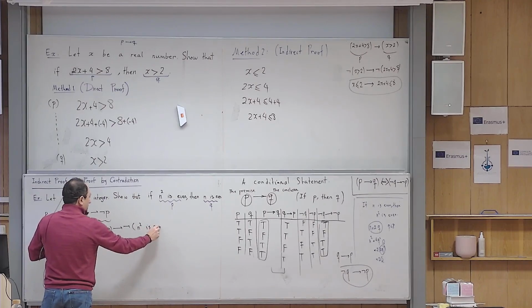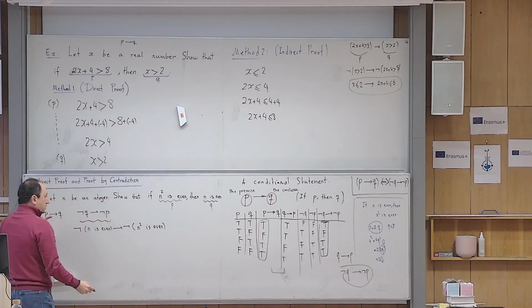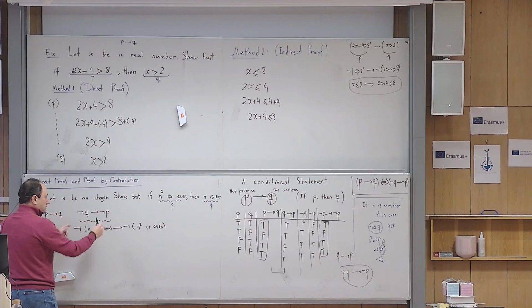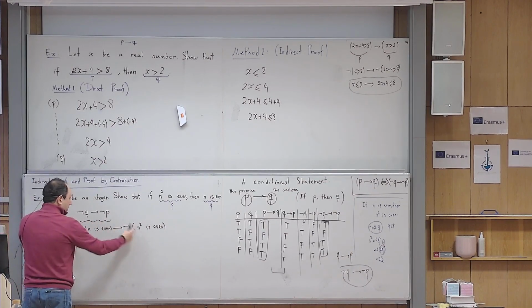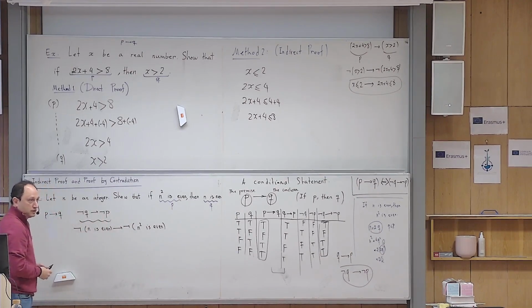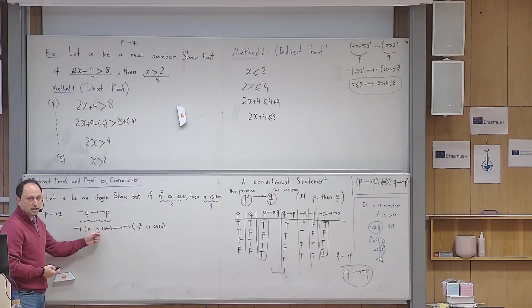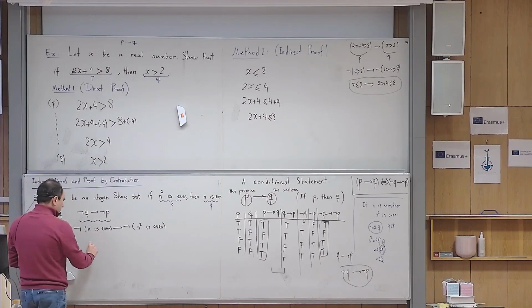Do you agree? So I realized that the direct proof didn't work, and I think about indirect proof now. The first step is to write the contrapositive appropriately. Now try to read it in plain English. It is not the case that n is even, meaning n is not even.